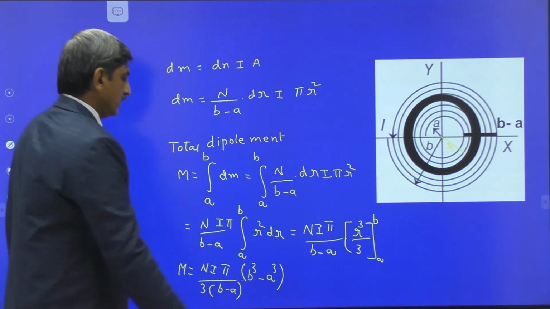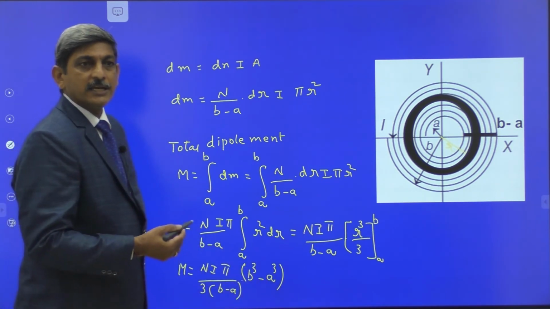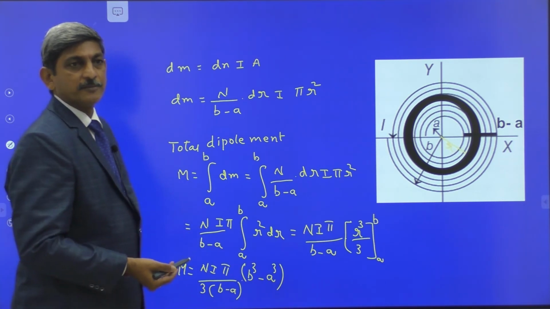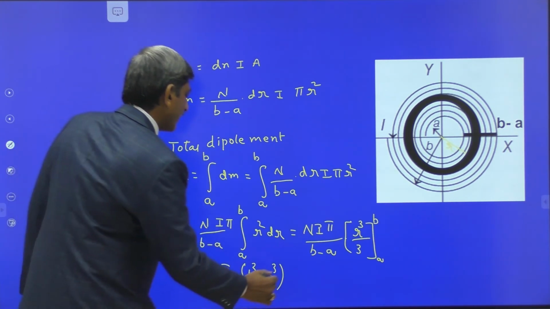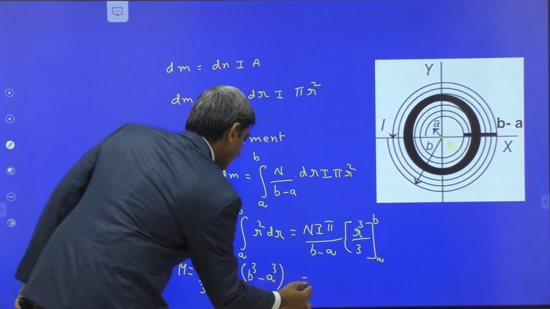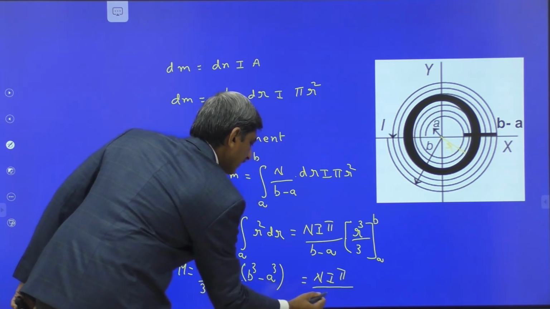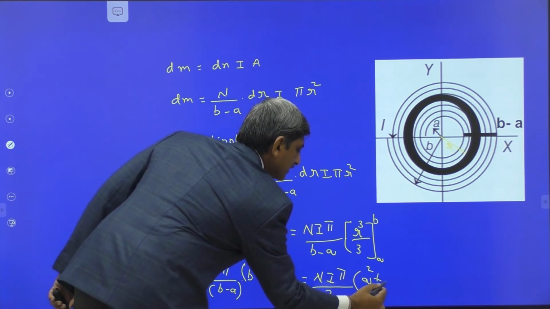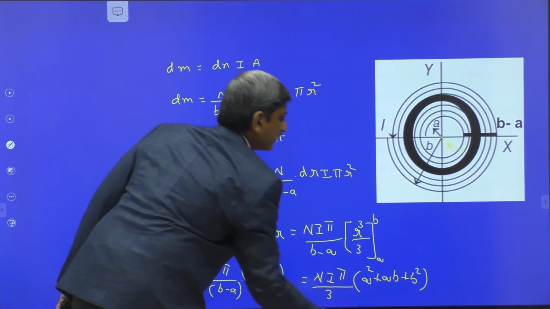This b cube minus a cube can be written as b minus a into a square plus ab plus b square. After that b minus a gets cancelled, and finally we have n I pi divided by 3 into a square plus ab plus b square.